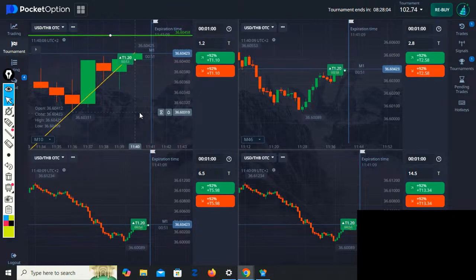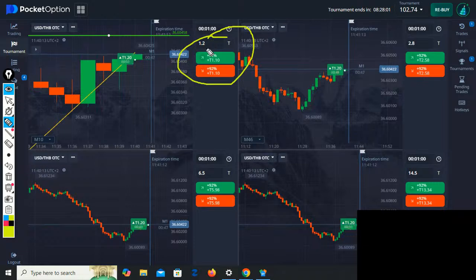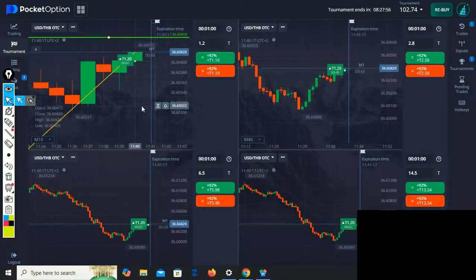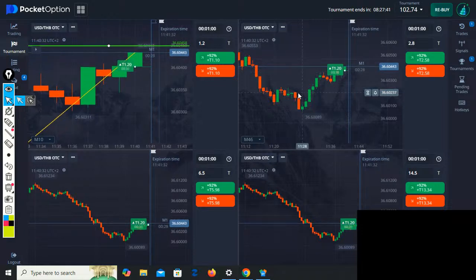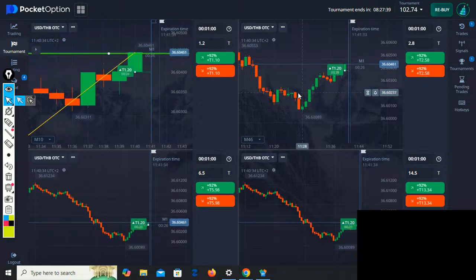Keep an eye on the payout. The broker changes the payout regularly, so make sure you are always on something that has more than 90% payout. Beautiful. Keep going. I'll keep testing the strategy up until Friday, maybe the weekend as well.